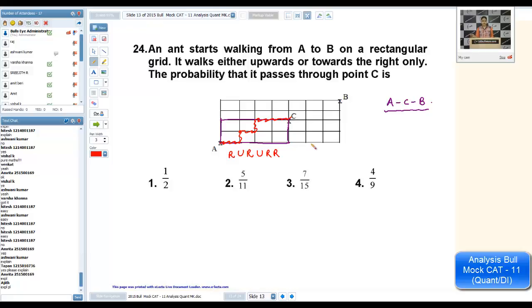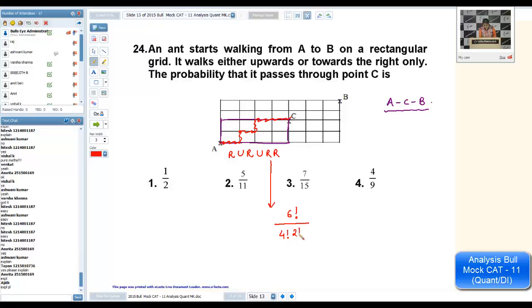R stands for right and U stands for up. Whenever you want to move from A to C, you have to take 4 rights and 2 ups. You can take any arrangement of 4 R's and 2 U's, and it will give you a corresponding path. So 4 R's and 2 U's can be arranged in a line in these many ways.